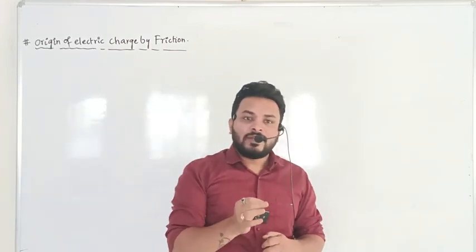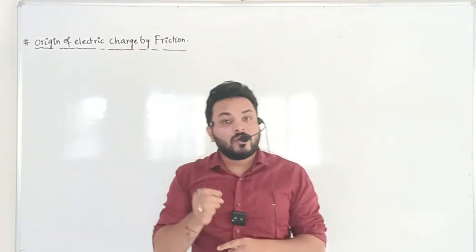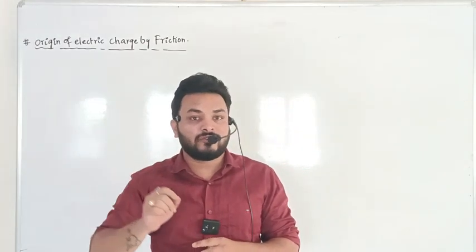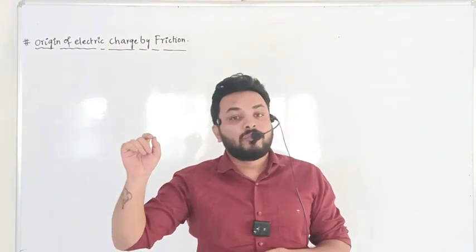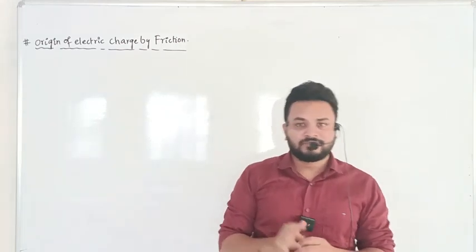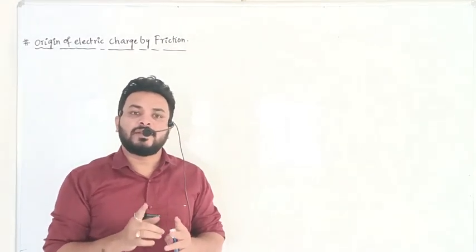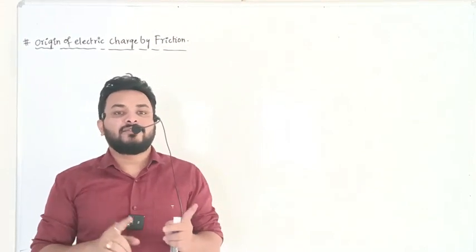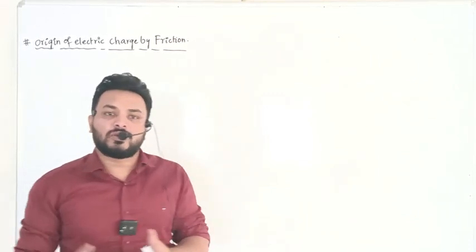When two bodies are rubbed against each other, electrons can be transferred from the atom with less affinity in the outermost orbit of electrons to the atom with more affinity in the outermost orbit of electrons. I will repeat it.